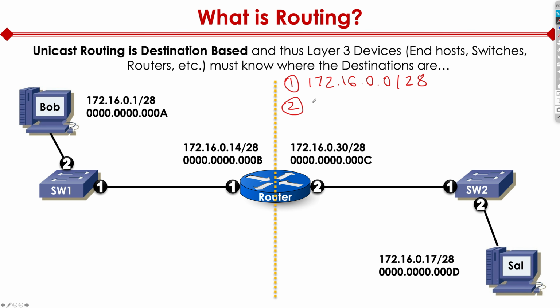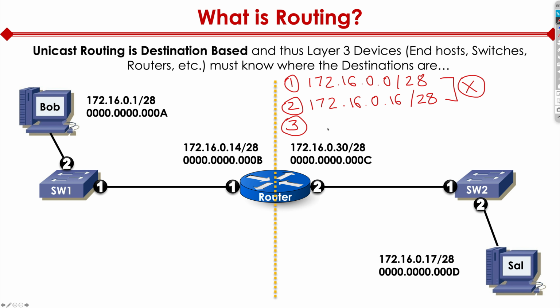Next, it's going to take Sal's IP address, which ends in .17, and run a binary AND against its own subnet mask of /28. And what it would realize, and let me save you a lot of math and time here, is that it's on 172.16.0.16/28. Because these two subnets do not match, there is actually a mismatch.